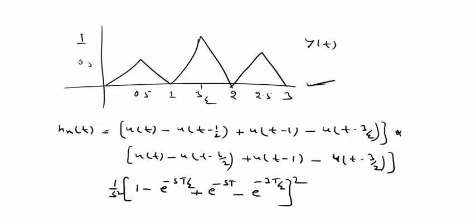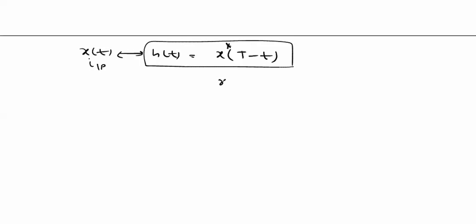With this, I end this topic, match filter. Match filter is a very important topic. In the match filter, there are basic three criteria. First, calculate the impulse response for the given input: h(t) comes from x(T minus t). The actual formula is this, but because all signals are real signals, the conjugate sign is eliminated.